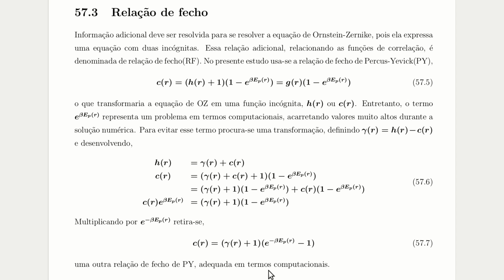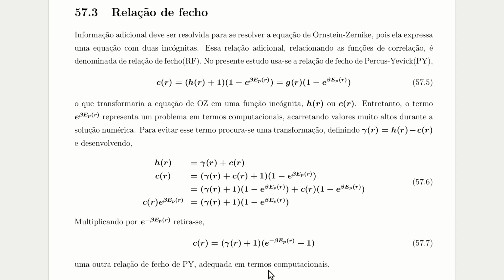To solve the Ornstein-Zernike equation, you need extra information. You need something that will connect c and h. You need something that relates the indirect correlation function to the direct correlation function. And this is called a closure relation.